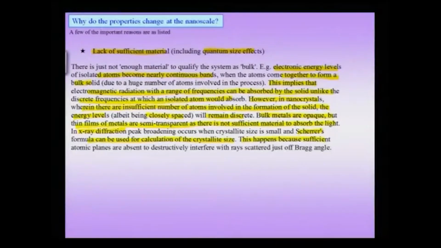Now this effect of broadening is happening because there are not a sufficient number of atomic planes to destructively interfere with the incoming beam. In other words, outside the Bragg angle, whatever destructive interference should take place, there are not enough planes in the material to give us that destructive interference, and therefore you actually observe peak broadening.